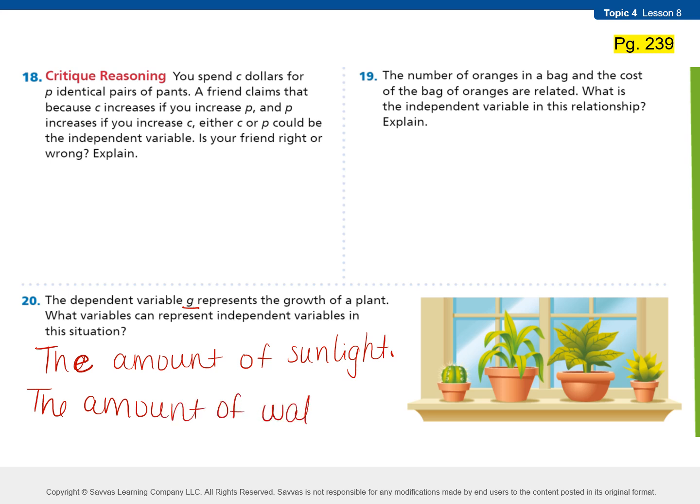So remember, these are kind of like factors that influence the plant's growth. But these actually don't really care. I mean, they care, but they don't care. They can technically stand alone. And since it says variable, let's put a variable with them. So the amount of sunlight, we could say, could represent S. And the amount of water, we could say, could represent W.